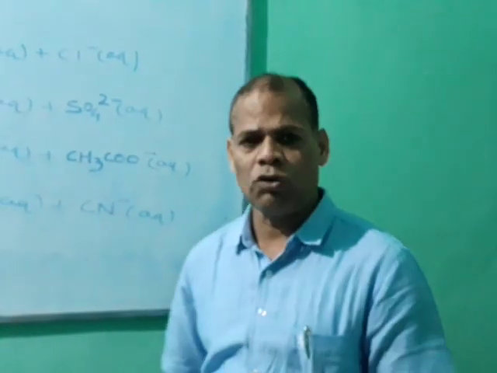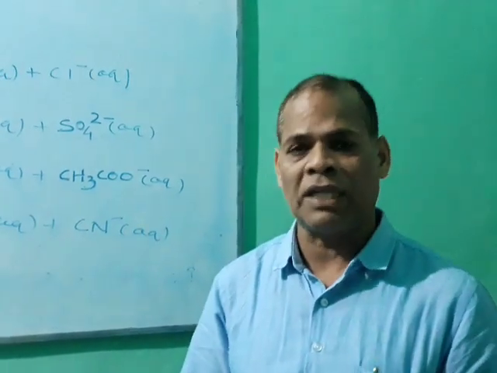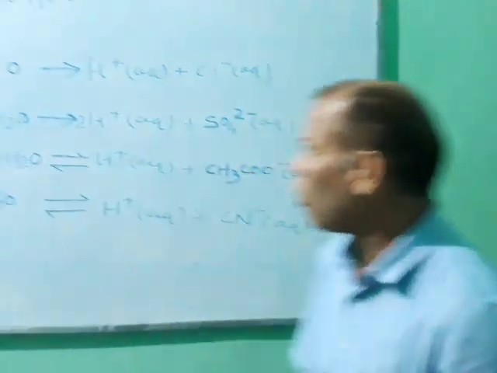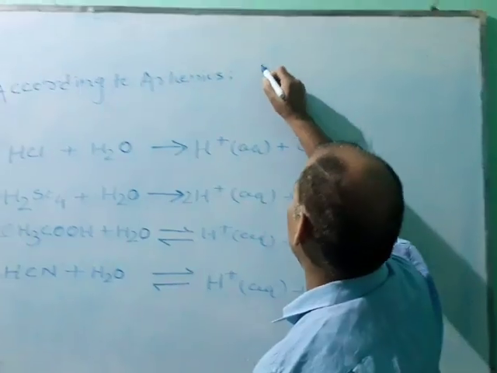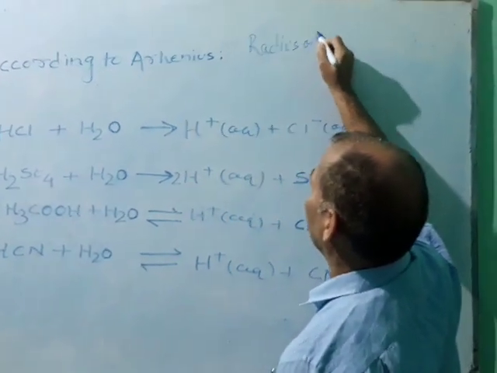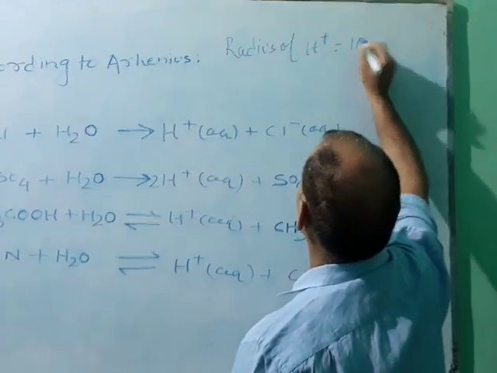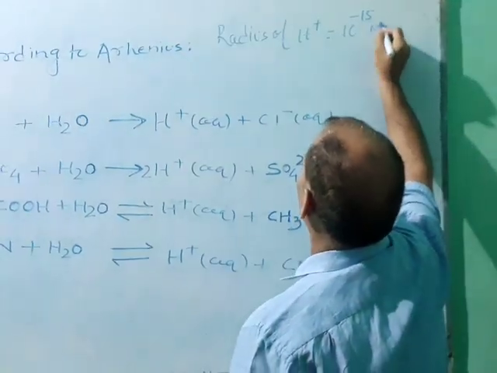Now, as we know, the radius of H plus ion is equal to 10 to the power minus 15 meter.